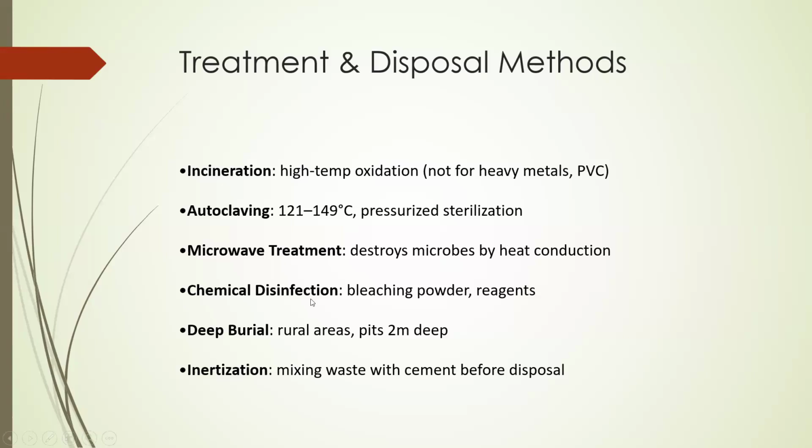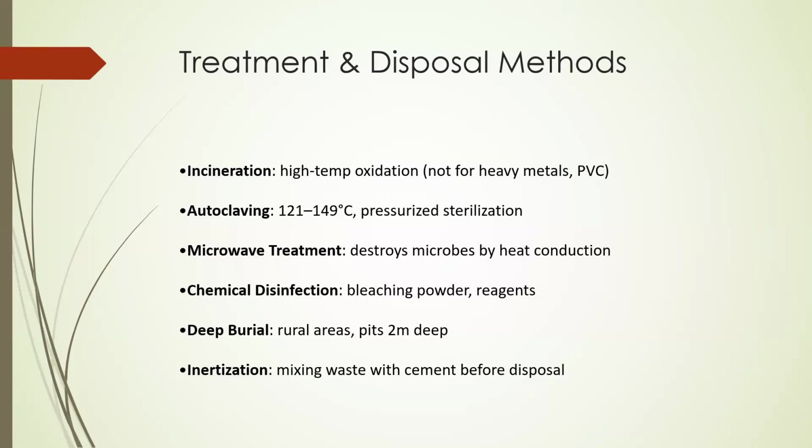Chemical disinfection refers to the process of using chemicals to kill or inactivate harmful microorganisms in biomedical waste before final disposal. Chemical disinfectants include bleaching powder, sodium hypochlorite and reagents. Chemicals like bleaching powder, sodium hypochlorite or chlorine compounds are commonly used as disinfectants in hospitals. These work by releasing chlorine, which has strong oxidizing properties.